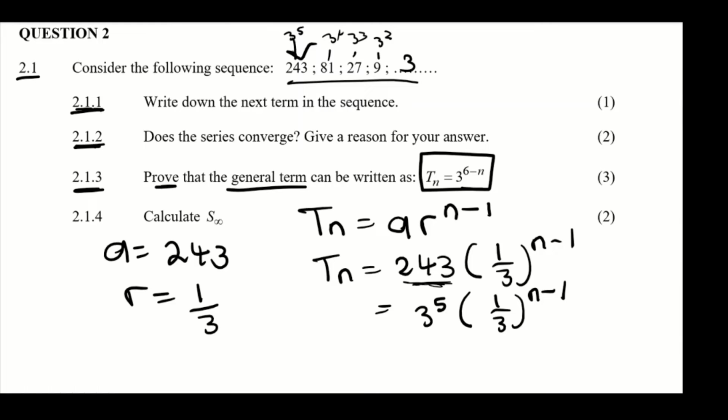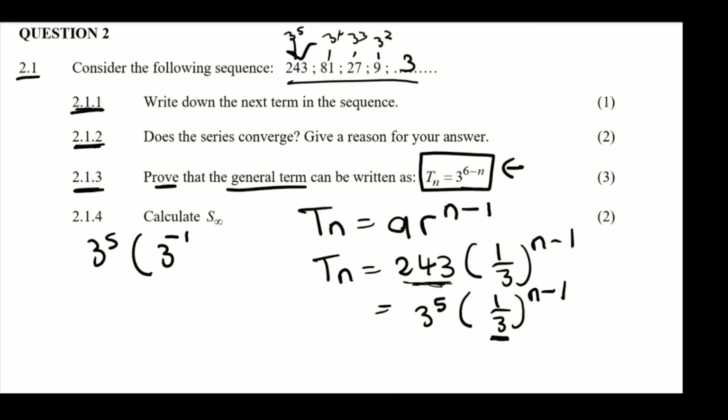Now we need to simplify this so that it looks exactly the same as this here. So we're going to write this in exponential form. It's going to be 3 to the power of minus 1, to the power of n minus 1. So this n minus 1 will multiply any power that it finds inside.